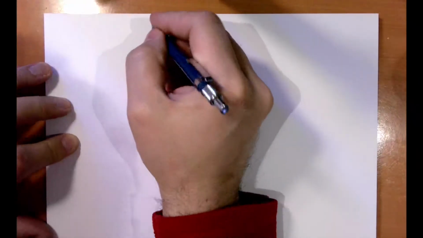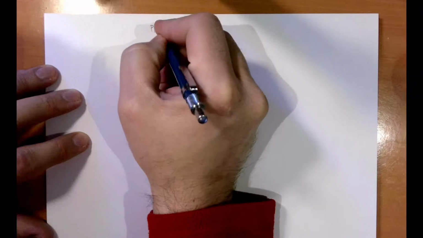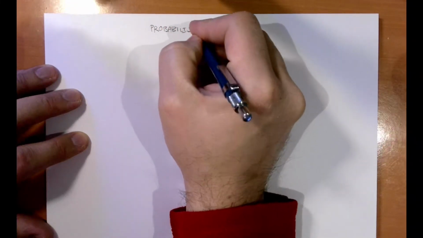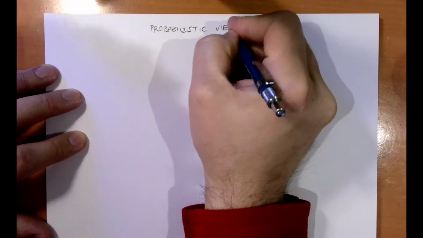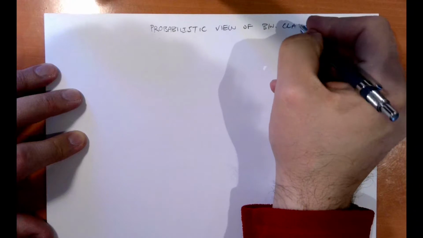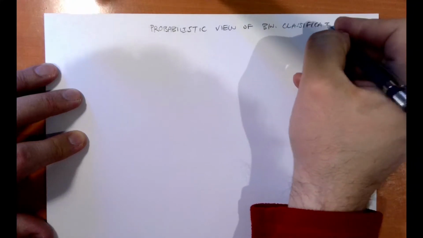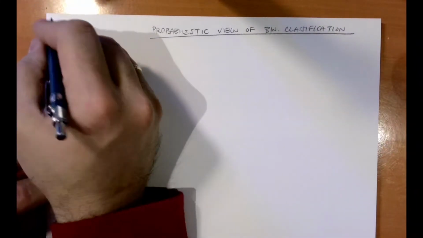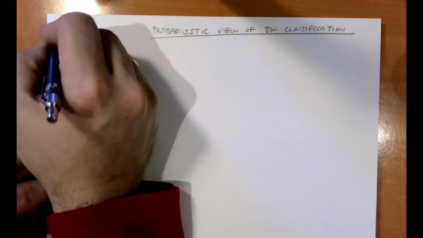Now let's look at an interesting use case to understand what we call the probabilistic notion of binary classification. I'll just draw it over here on the side.